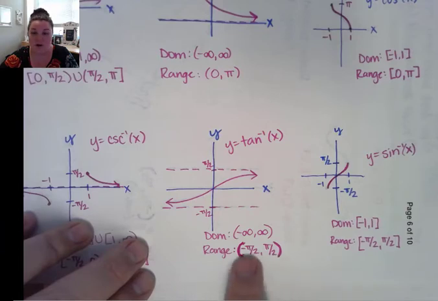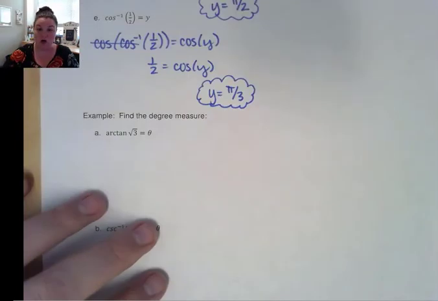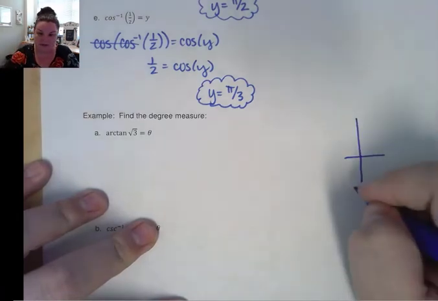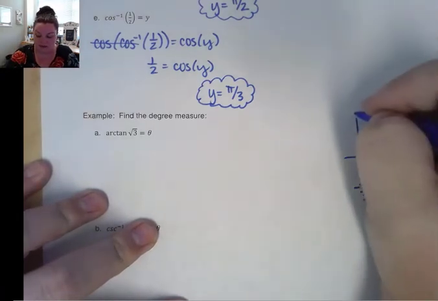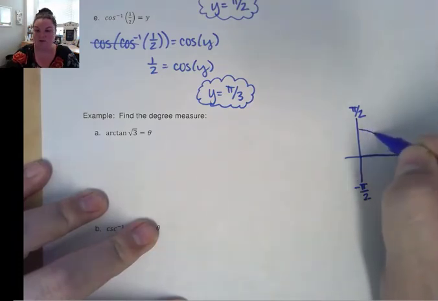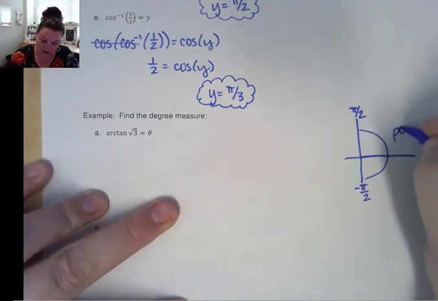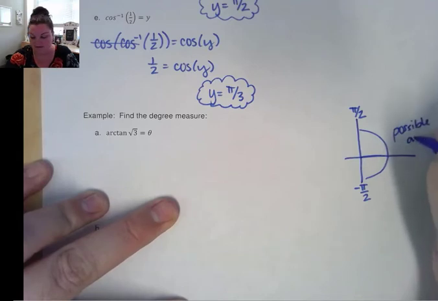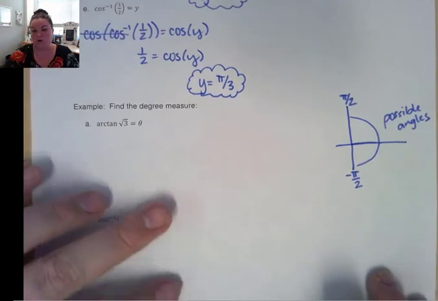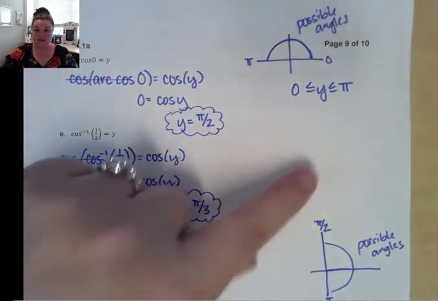Those are our outputs, between negative pi over 2 and positive pi over 2, not included. So I'm going to make myself a little note over here. Here's where negative pi over 2 is. Here's where positive pi over 2 is. So all of our possible angles have to be over here in either quadrant 1 or quadrant 4 when we're dealing with tangent.